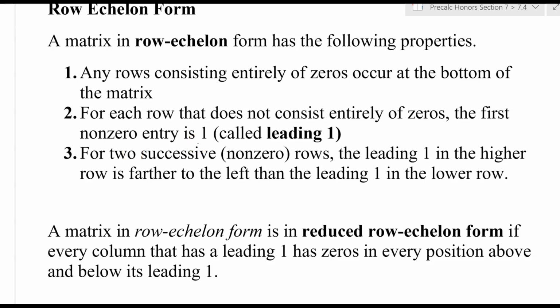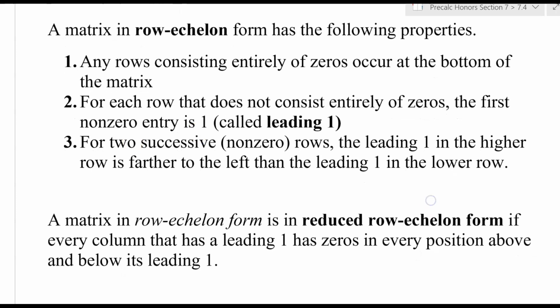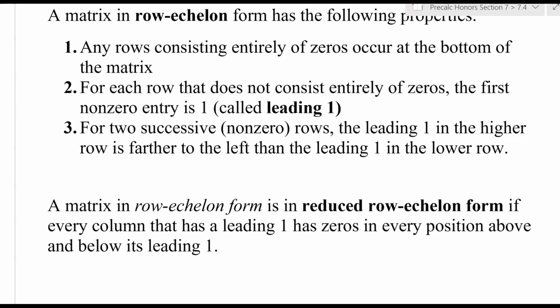We call that a leading 1. And for two consecutive non-zero rows, the leading 1 in the higher row is farther to the left than the leading 1 in the lower row. We'll look at some examples of things that are and are not in row echelon form.